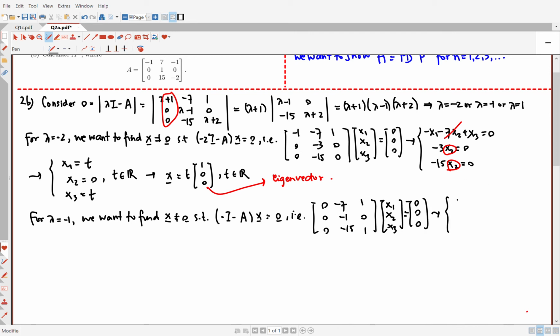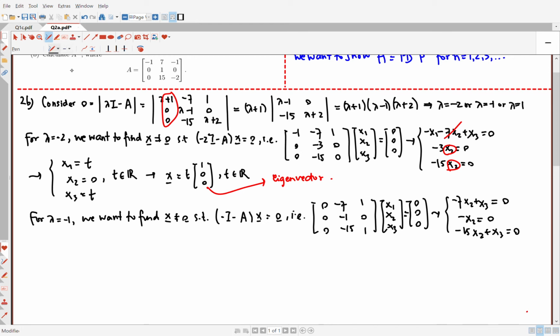The first row gives us minus 7x2 plus x3 is equal to 0. The second row gives us minus x2 is equal to 0. Then the third row is minus 15x2 plus x3 is equal to 0.